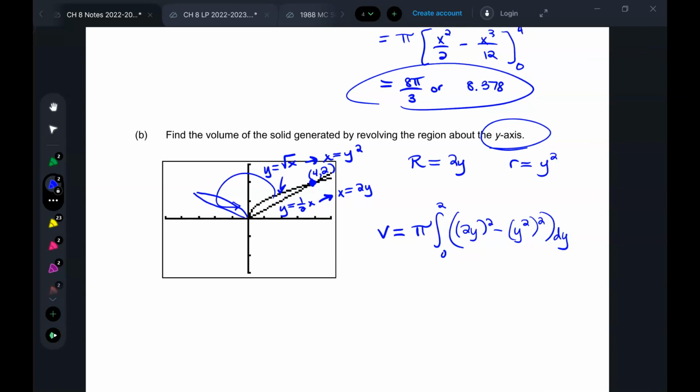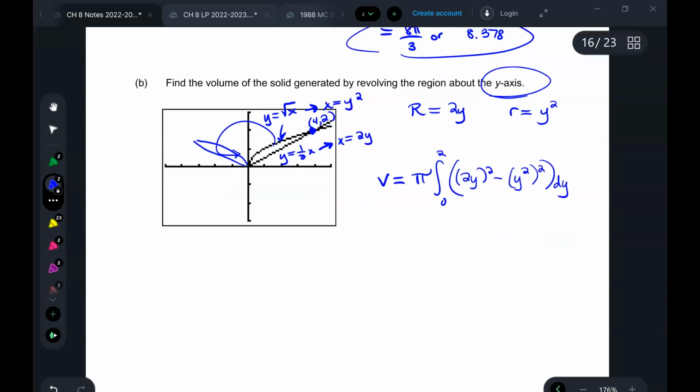So this will be 4y squared minus y to the 4th. So 4y cubed over 3 minus y to the 5th over 5.